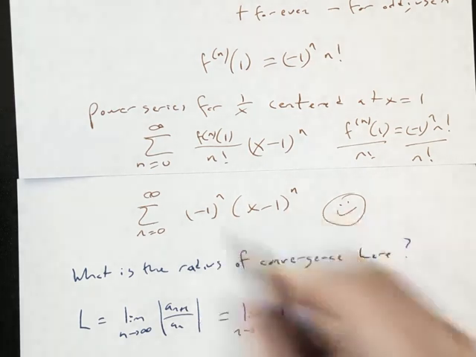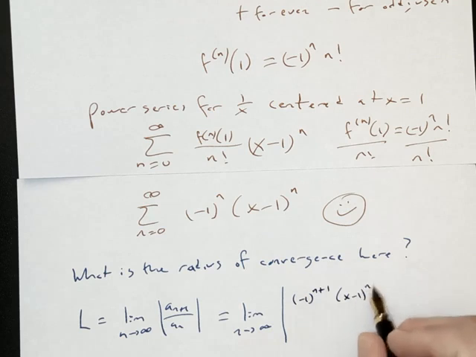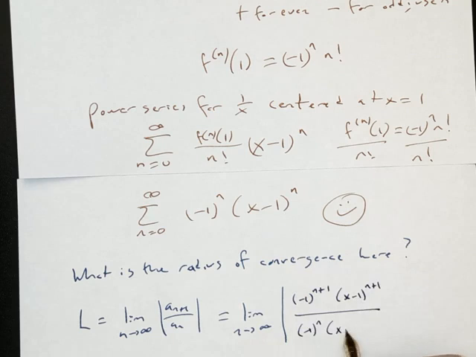So when I put this in for a_(n+1), I get (-1)^(n+1) (x - 1)^(n+1). And on the bottom, I have (-1)^n (x - 1)^n, but it's all inside an absolute value. What happens to my minus 1s?